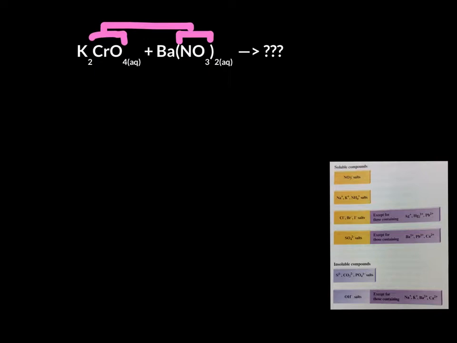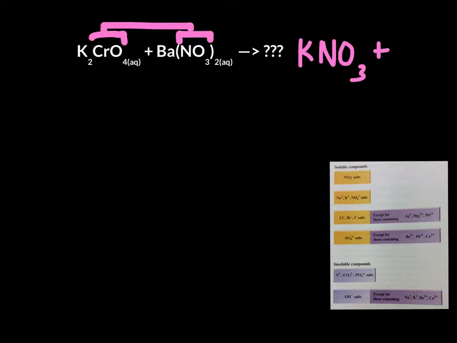If we know that the nitrate is going to come and hook up with the potassium, we know that potassium is a +1 charge and nitrate is a -1 charge. So we can safely write down a formula of potassium nitrate, KNO3.